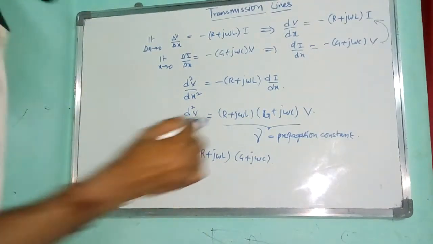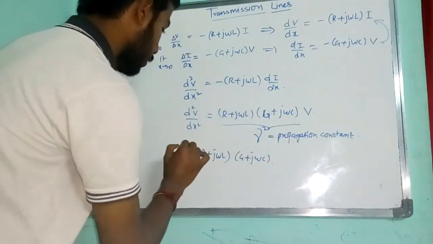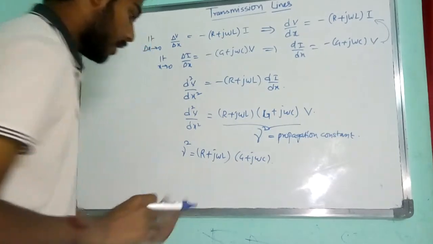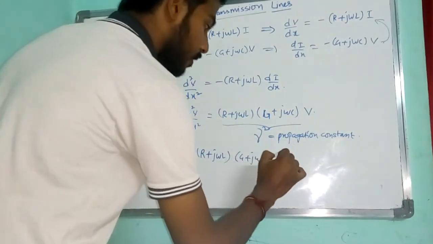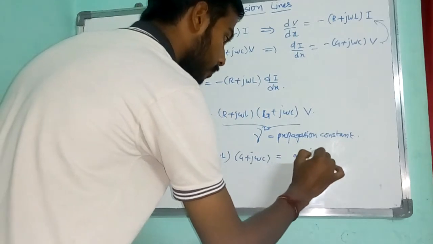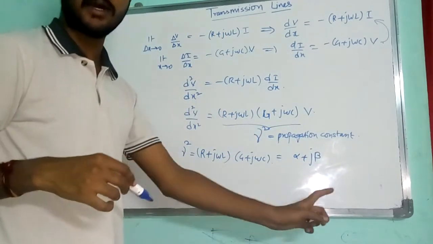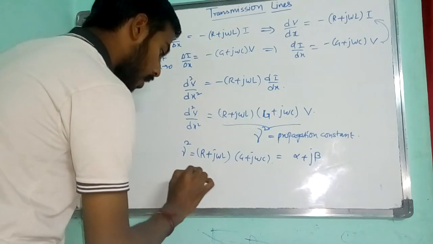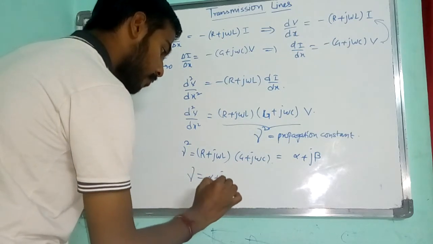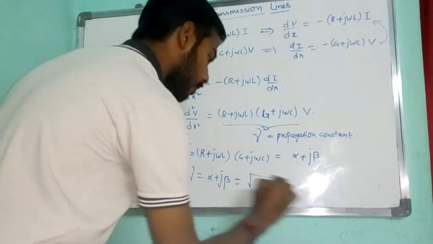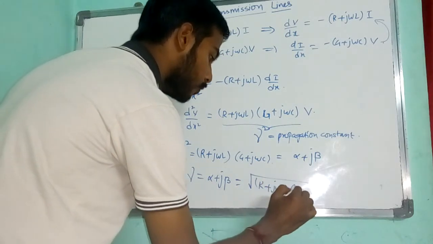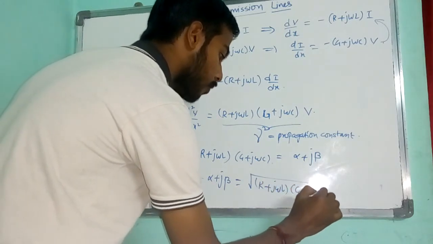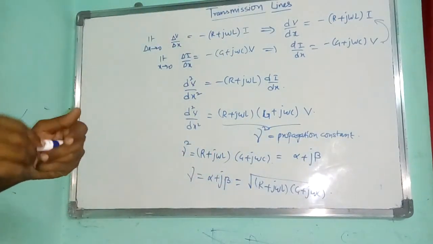Okay, let's take gamma square, and you can see that both of these are complex terms, and this is a complex term expressed as alpha plus j beta. Okay, now this gamma, alpha plus j beta, is given by the square root of (R plus j omega L) into (G plus j omega C). Right?